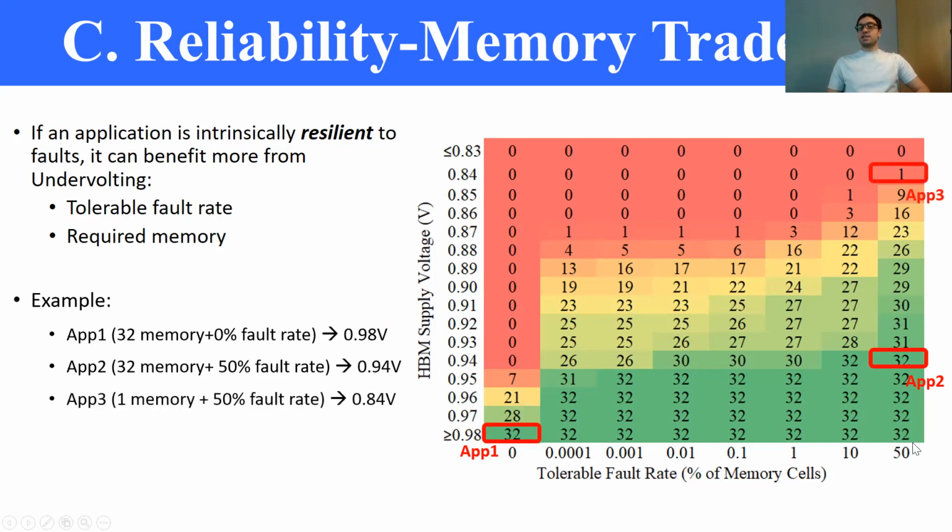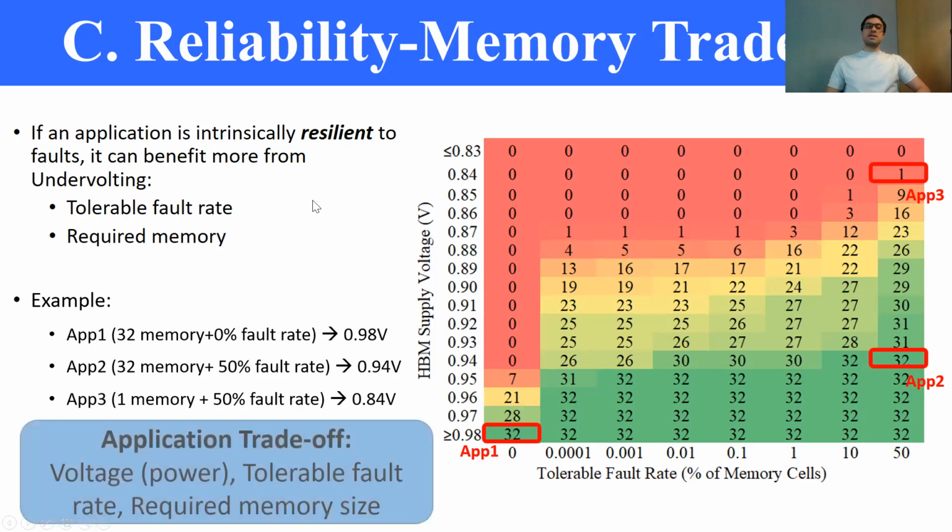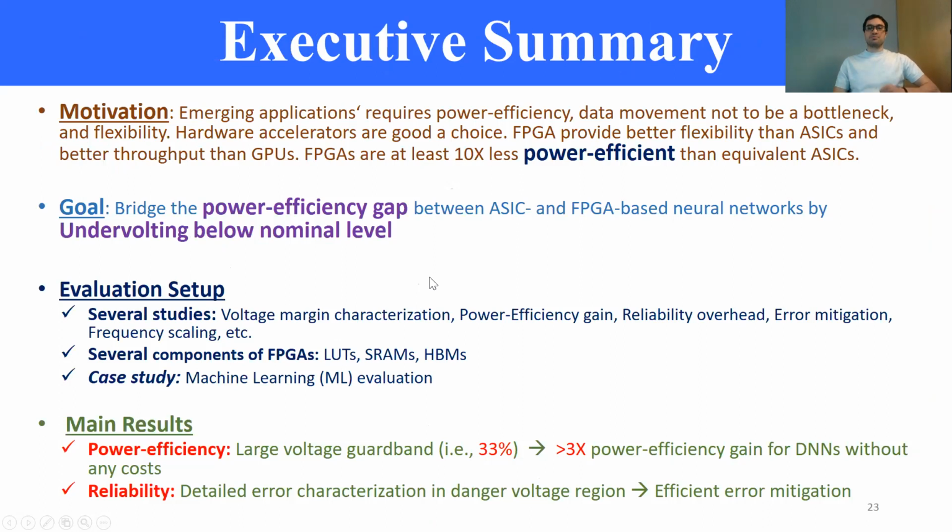If we have an application similar to application 2 that can tolerate 50% of the faults, and it only requires a single channel of the memory, which means 256 megabytes, this means that we can go to 0.80 volt, which is 100 millivolt less than the previous application. So this basically means that we can trade off the voltage, which is directly translated to power, with the tolerable fault rate of that application, and also with the required memory size of that application.